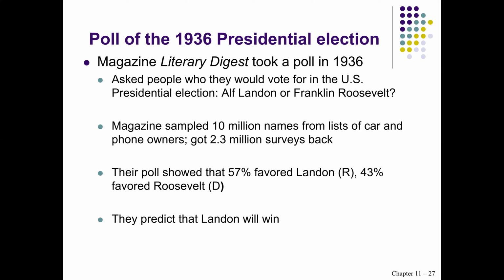They mailed out a little survey, 10 million surveys all over the United States, and they got 2.3 million people to return their survey. Based on their survey of 2.3 million people, they showed in their poll that 57% of people favored Landon and 43% of people favored Roosevelt. The magazine Literary Digest predicts that Landon is going to win the election in a landslide.